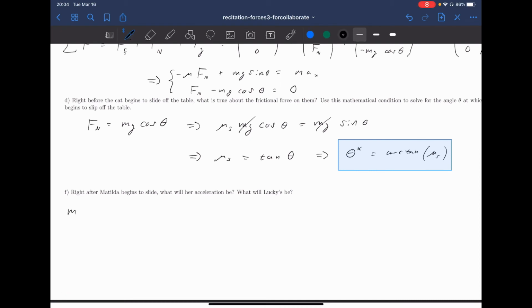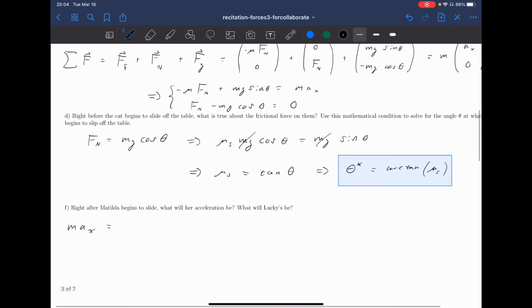We have m a x. Let's write that again. m a x is equal to, let's plug in what we know. So we have minus mu kinetic mg cos theta, normal force, plus mg sine theta.